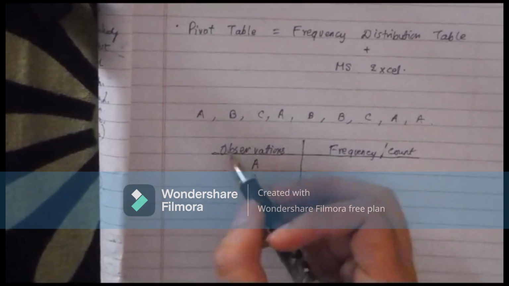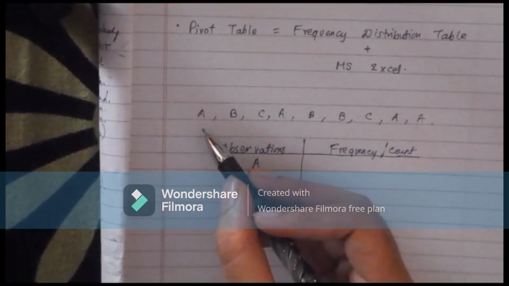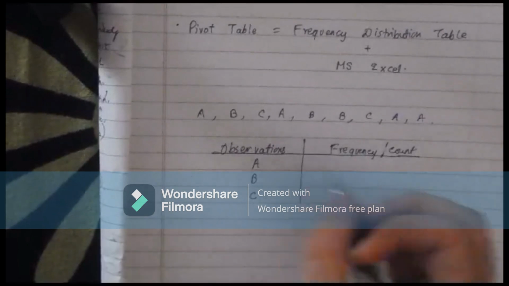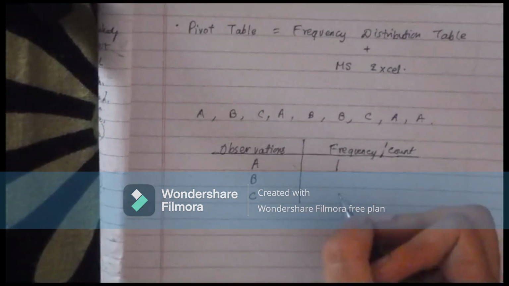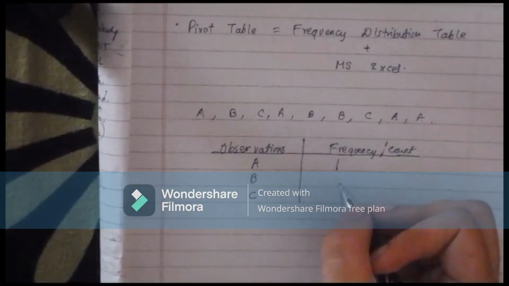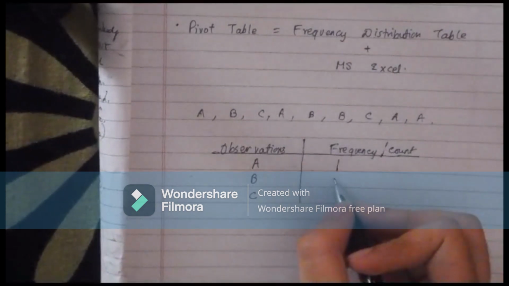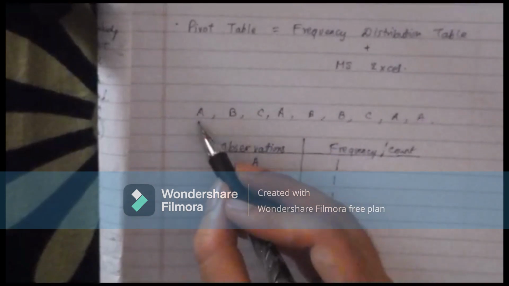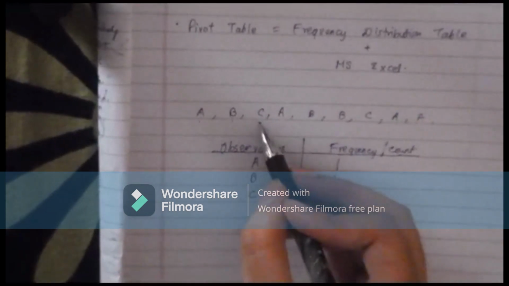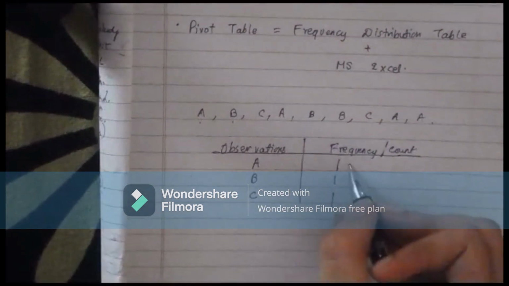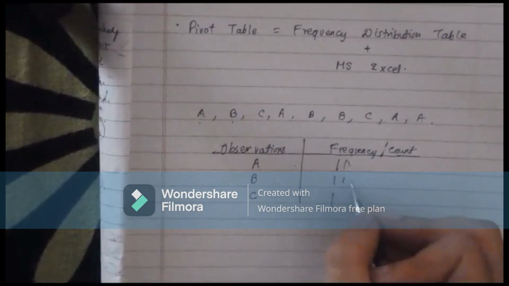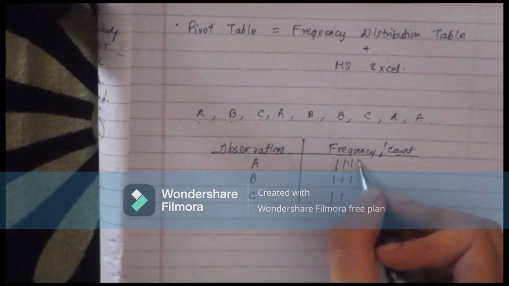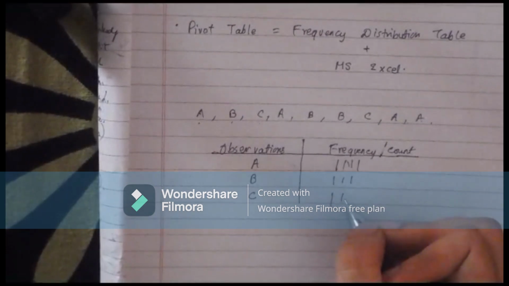Now what I would do is go to each observation, and if it matches with the required observation, I would put a tally mark, which is like a line. So far, as of the third element, I found one value A, one value B and one value C. I would repeat this process again until all the elements have been satisfied.